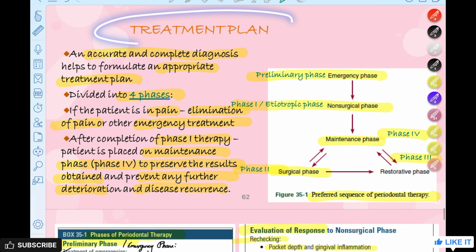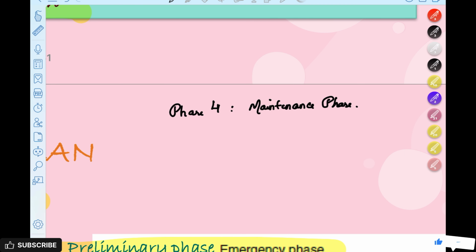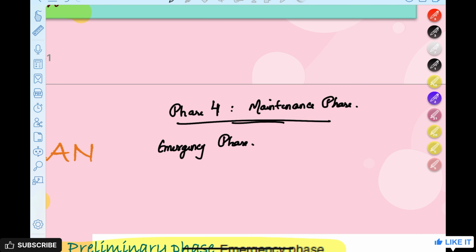The next is the treatment plan, which is very important. An accurate and complete diagnosis helps to formulate an appropriate treatment plan. It is divided into 4 phases. Phase 4 is the maintenance phase. You have to remember this very clearly. Next we have the emergency phase, if the person requires it.